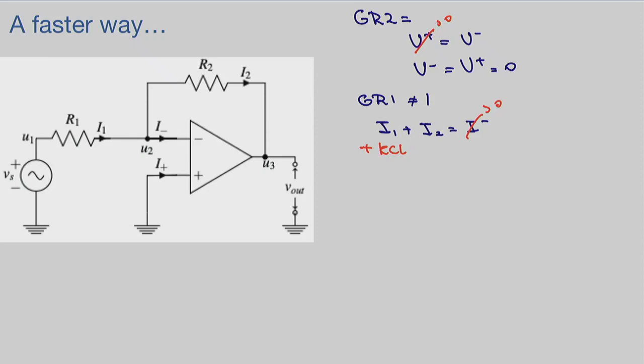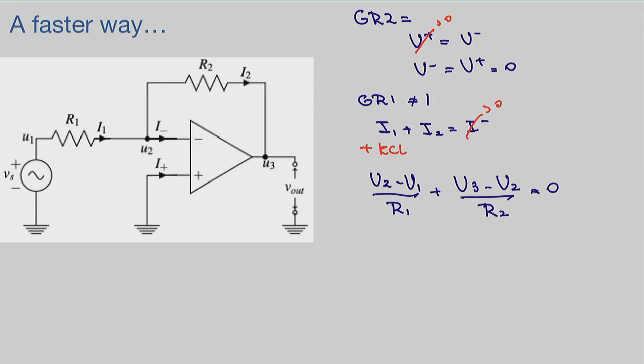I1 is the current going through the resistor, which is V1 over R1. But V1 is U2 minus U1 over R1, plus I2. What's I2? I2 is U3 minus U2 over R2. We did this in all steps. This equals 0.